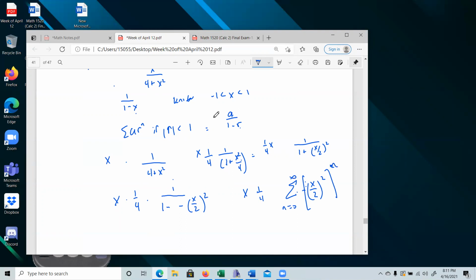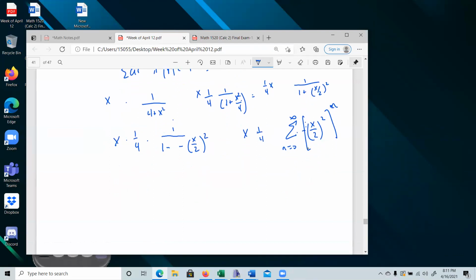All right. So if you came across and saw this as a geometric series, we have 1/4 times negative 1 to the n of x over 2. Actually, no, we need that x. We need the negative here. Well, I'll put it inside, it doesn't really matter, but we're going to go ahead and do it this way.